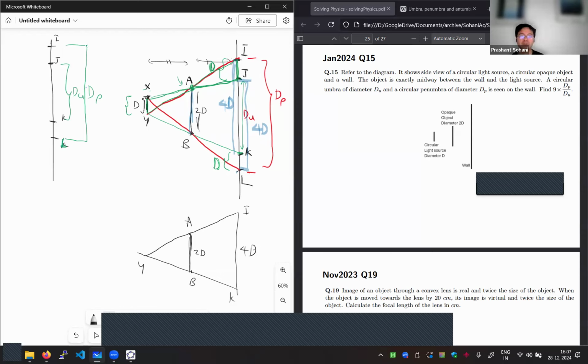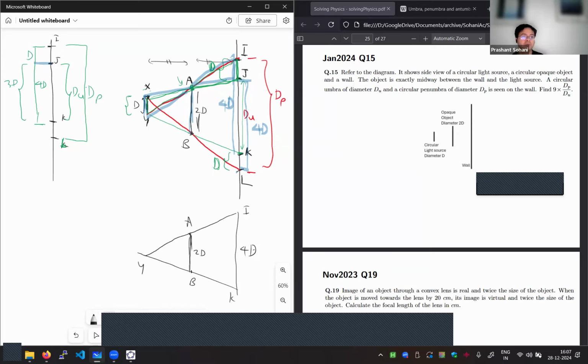Okay, but what we have found so far is IK is 4D. So this distance is 4 times D. Again, why is that? Because of the midpoint theorem. And just now we said that IJ is D. Again, I hope it is clear why IJ is D, because these two triangles are congruent. So if IJ is D and IK is 4D, this part in between has to be 3D.